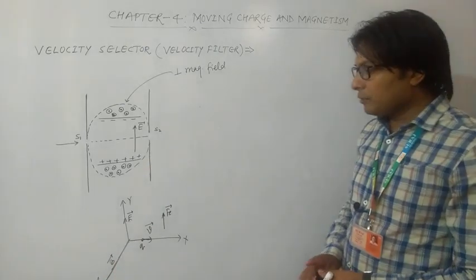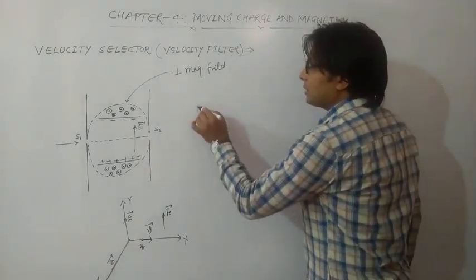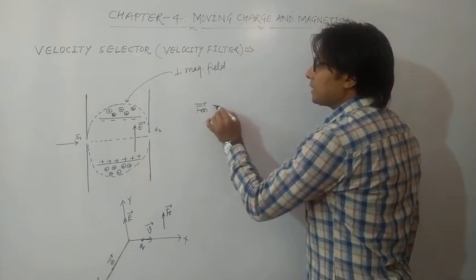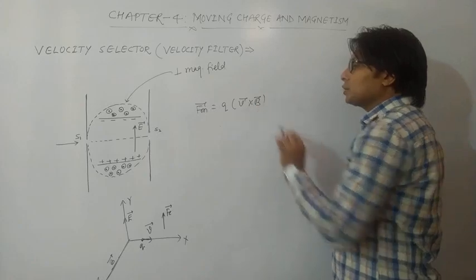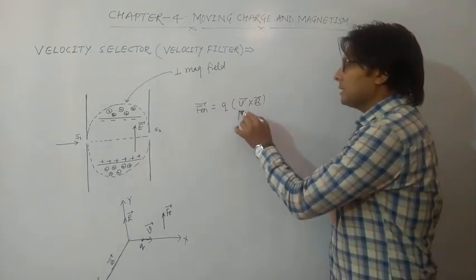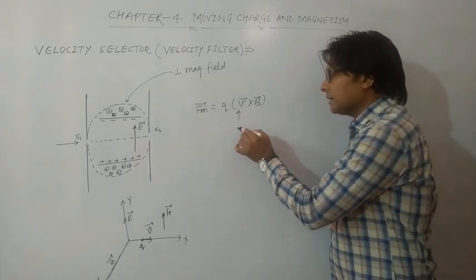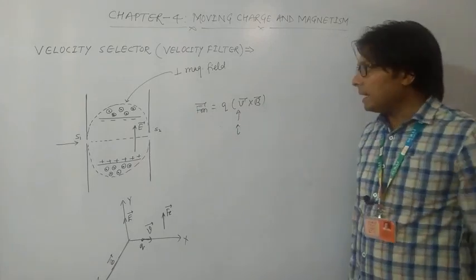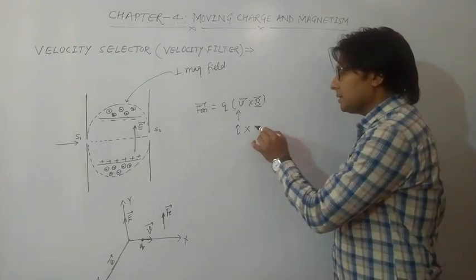Now we have to find out the direction of magnetic force. The magnetic force Fm vector is equal to q v vector cross B vector. We know the direction of the v vector is in the x direction, which we can represent with the unit vector i cap, and the direction of magnetic field is in the z direction, meaning k cap.